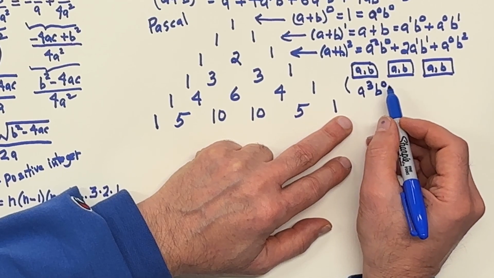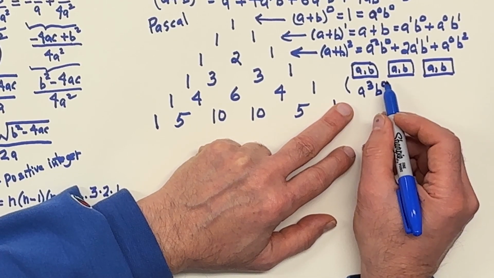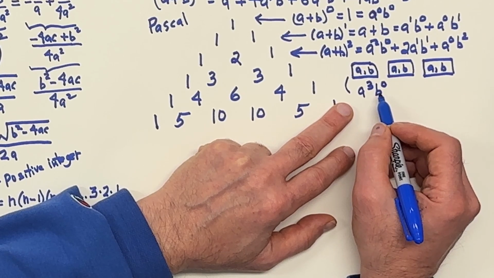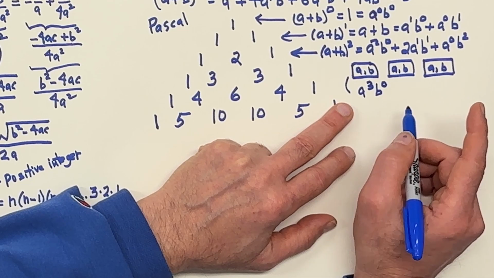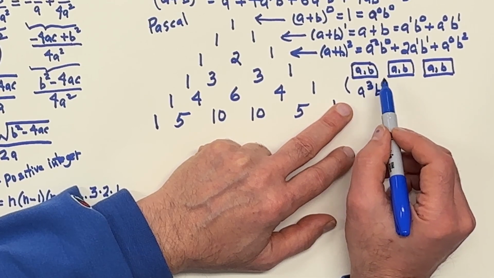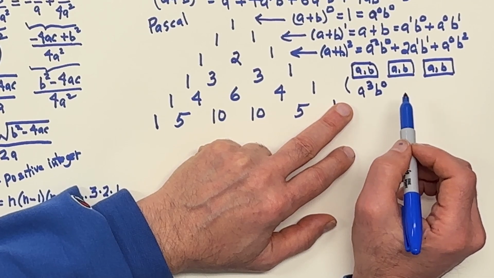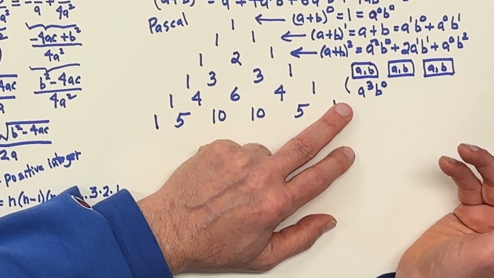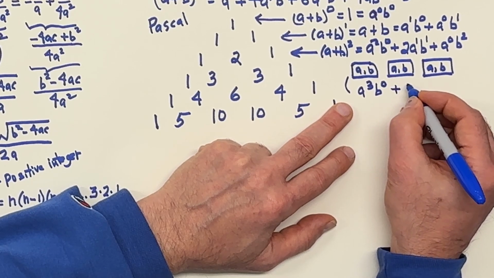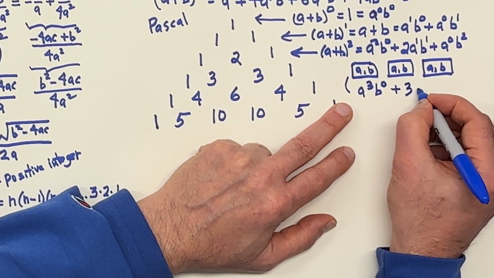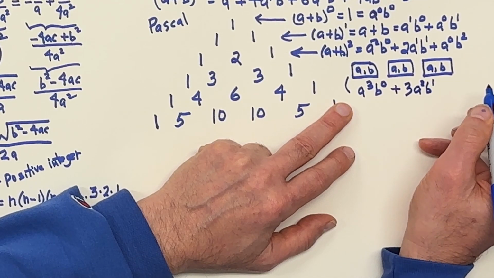Now, how many ways can I pick 2 apples and 1 banana? Well, I can think the banana first. How many ways can I pick a banana? Well, there's 3 ways. 1, 2, 3. Pick it from each one. So therefore, that's going to get me 3, whereas 2 apples and 1 banana.